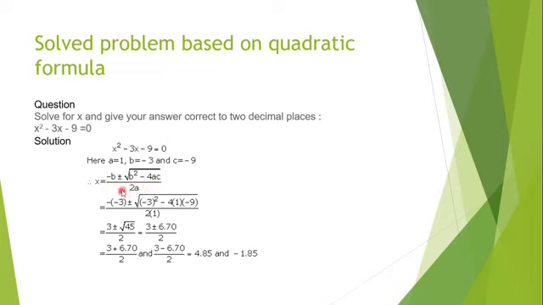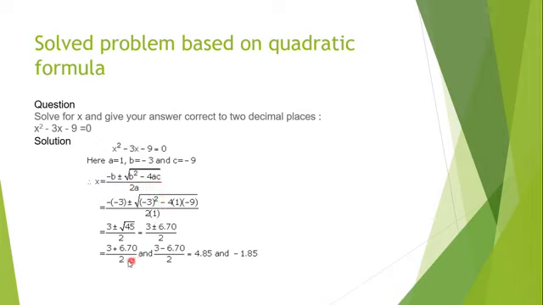Then only write 2a. If you make this line very small, or it does not cover minus b or b square minus 4ac, then you will not get the mark for substitution of the values in the formula. So the first important point is that the line below the numerator should be a complete line.